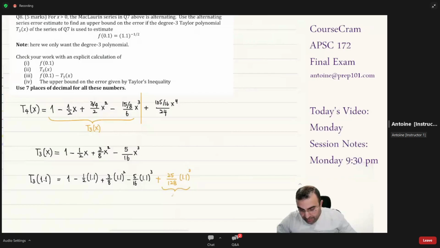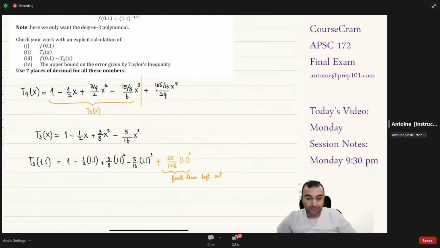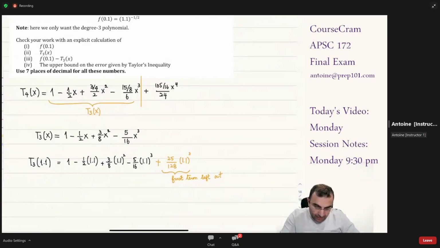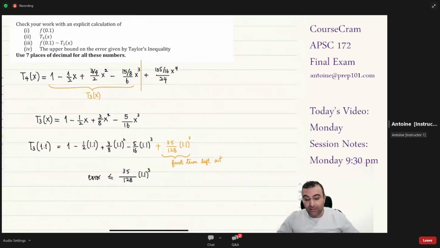So this is the first term left out. So that means the error is less than or equal to just B3. I copied it wrong. So 35 over 128 times 1.1 cubed. But the error is less than the first term we leave out.